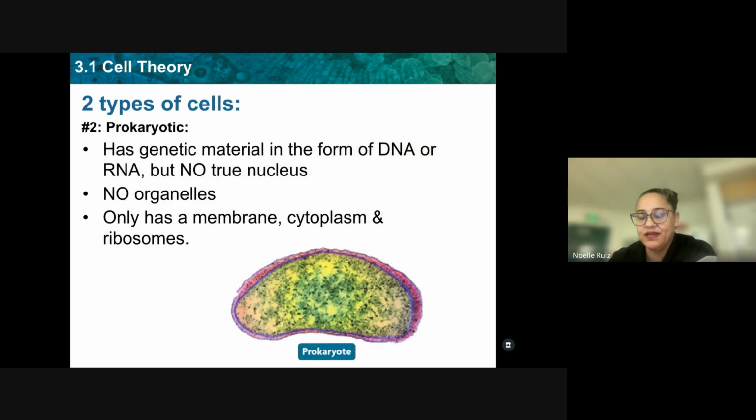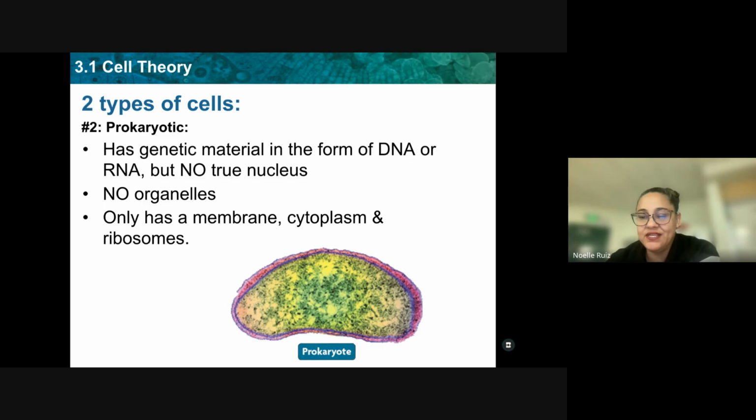The second type of cell is a prokaryotic cell. So the prefix pro actually means before, and then karyo still means nucleus. So these cells evolved before the nucleus evolved. So these are ancient types of cells, and they're simple. They have genetic material in the form of DNA or RNA, but they don't have a true nucleus. Its DNA is just kind of floating in the middle of the cell somewhere.